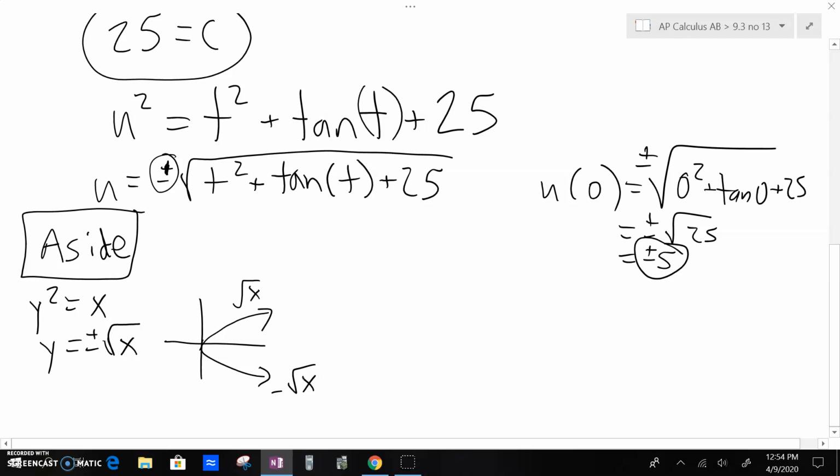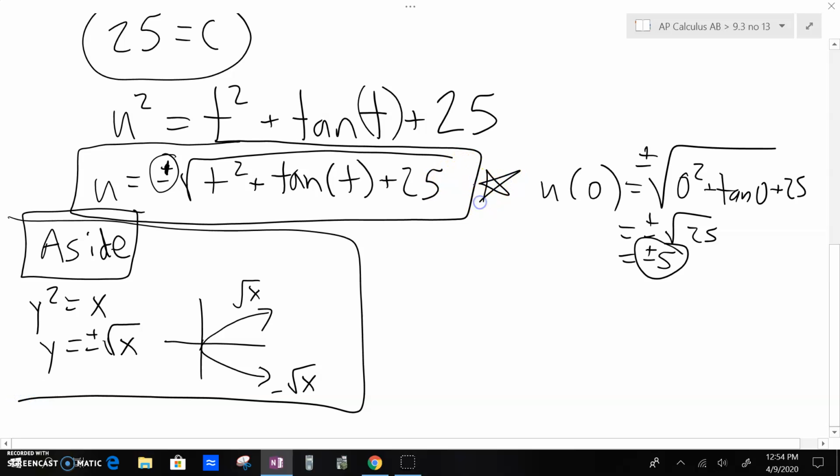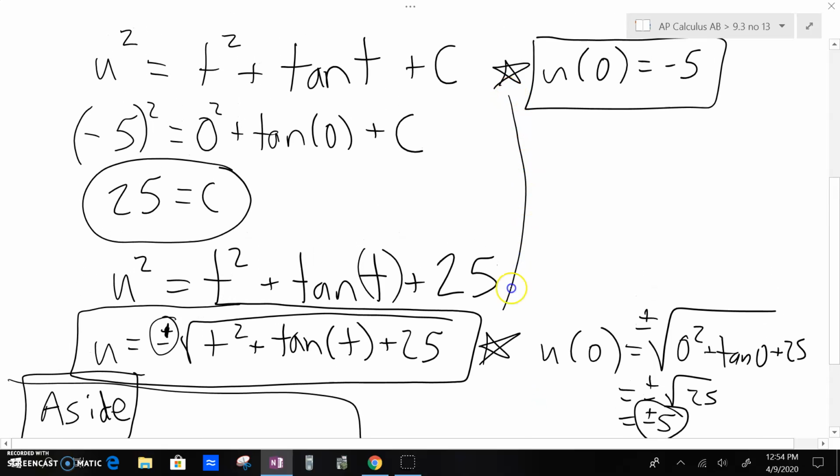What we're trying to do is generate a function solution. So we're trying to generate something that is u of t, or f of x equals. This thing that we've come up with isn't a function. What we need to do is link these two starred expressions together, and we need to basically pick: are we dealing with the positive arm or the negative arm?